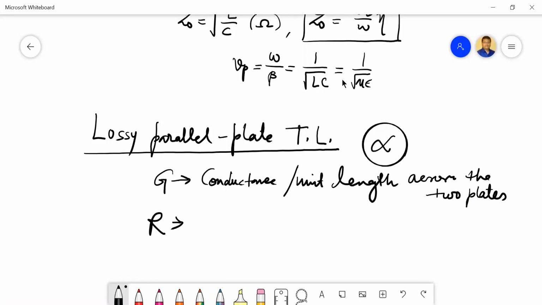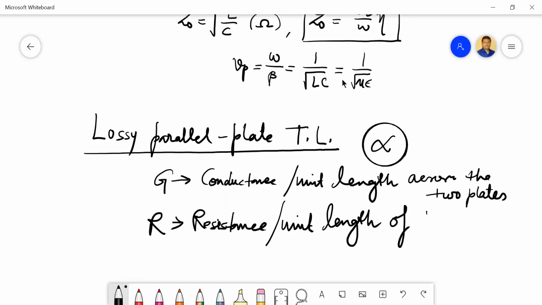R is here the resistance per unit length of the two plates. So here the G is for the dielectric losses, and the R is for the ohmic losses, which come from the plates, and G comes across the two plates.